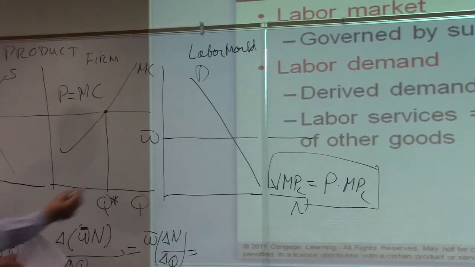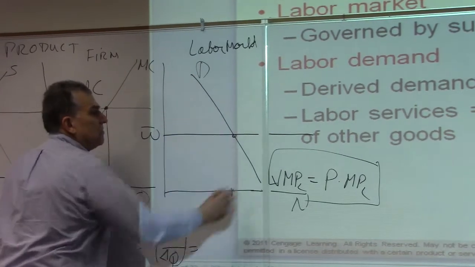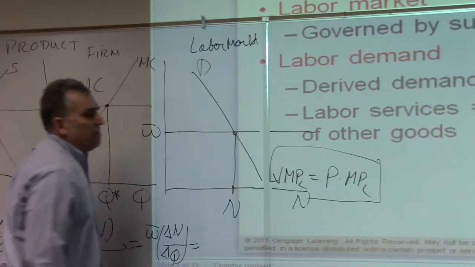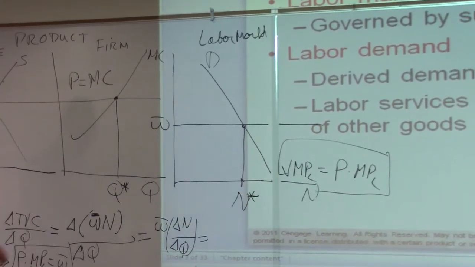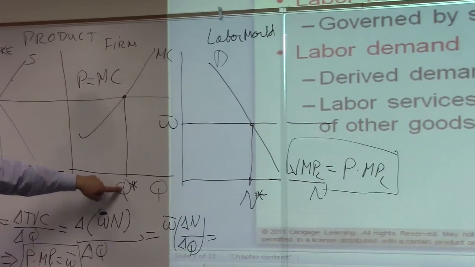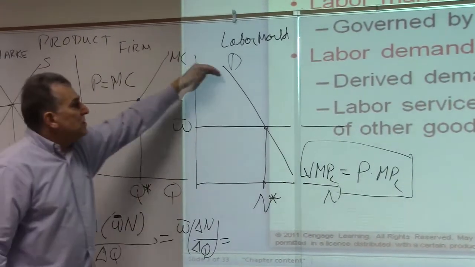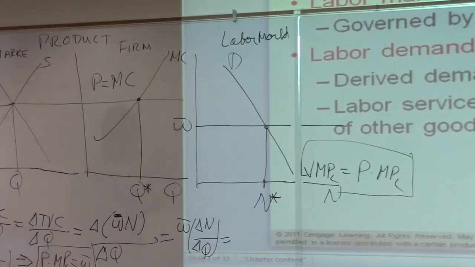Then to find where the firm hires, if this is the demand curve, the firm hires this amount of N, the profit maximizing amount of labor hired, N, that corresponds to this from the production function. Another way of saying that is that the demand for labor is the firm's value of the marginal product of labor.